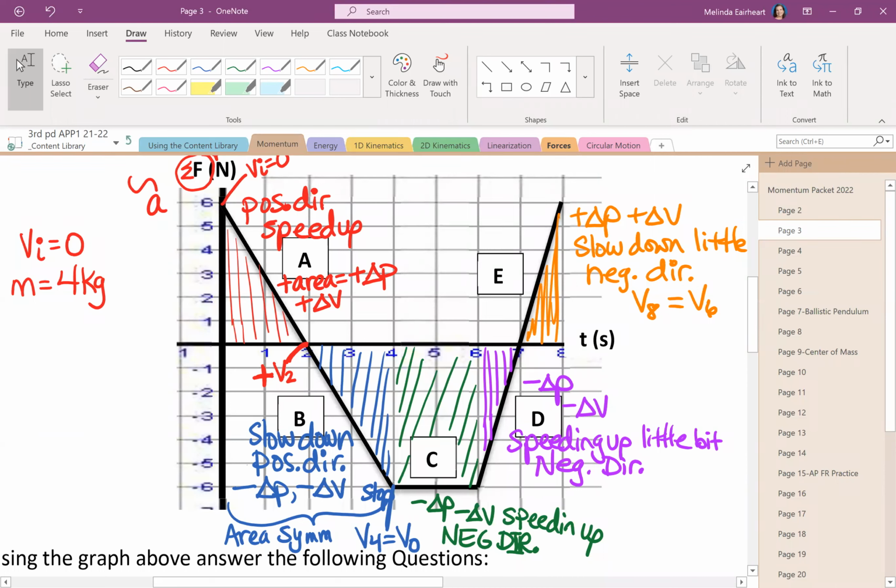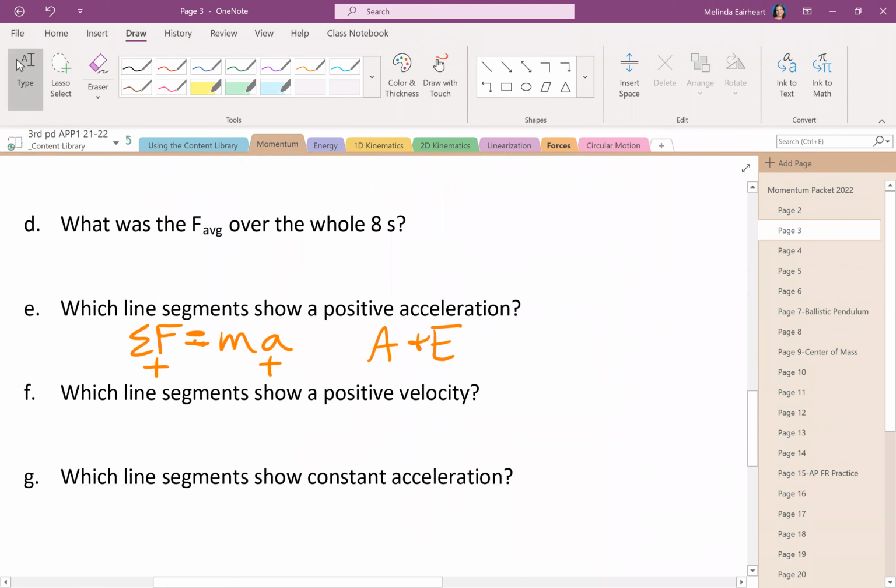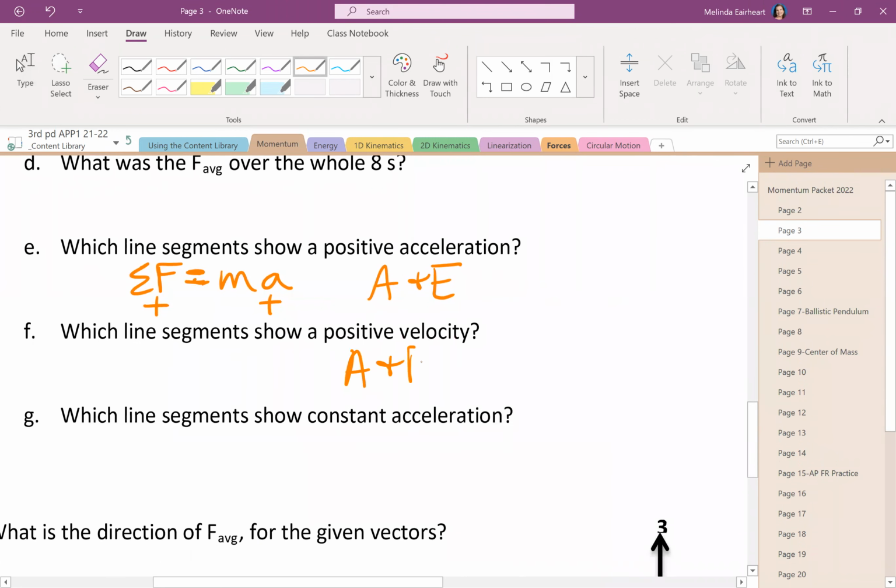A, B, and that's it, because everybody else was in the negative direction, right? So even though they have different sign forces, A and B are when we said you were moving in the positive direction. Okay, just a reminder, good review time: the sign of velocity tells direction of motion.